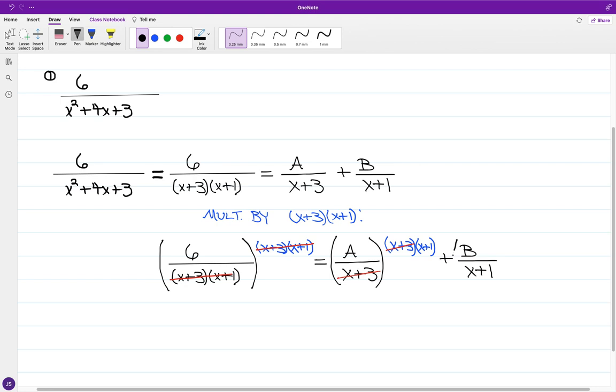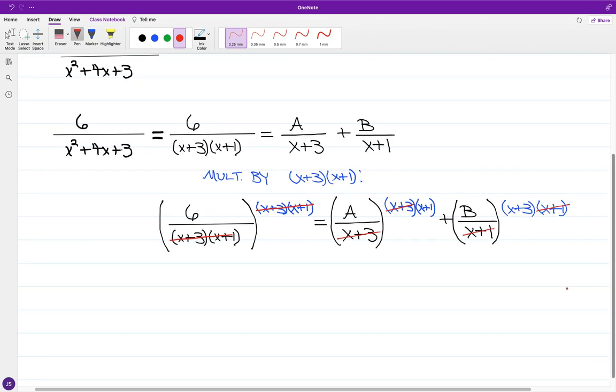Now for b, you're going to have the reverse situation. So x plus 1 is going to cancel, and you have x plus 3 to remain.